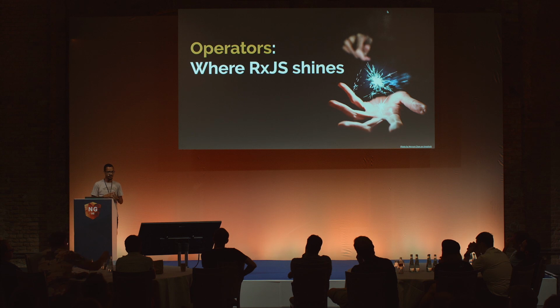The way we take the most advantage of this behavior is through operators. Operators is where RxJS really shines. They are functions that exist to facilitate data manipulation in an observable stream. They are the pieces of code that allow complex asynchronous operations to be performed and composed in a declarative manner.